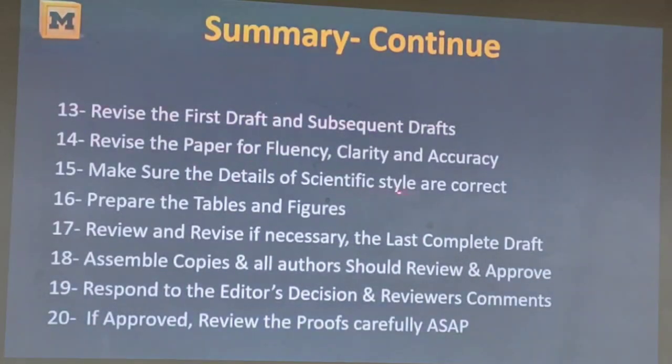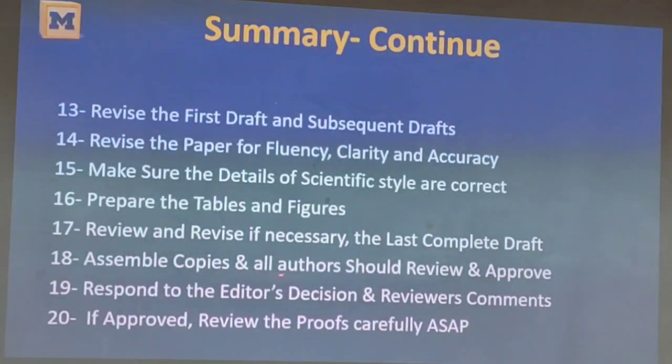Make sure the details of the scientific style are correct. Prepare the tables, and that's really important. The tables and figures should follow what the journal is telling you, because that was a problem with the CF liver disease paper: the tables they sent me had different formatting than what the journal required, so they had to be redone. Review and revise.